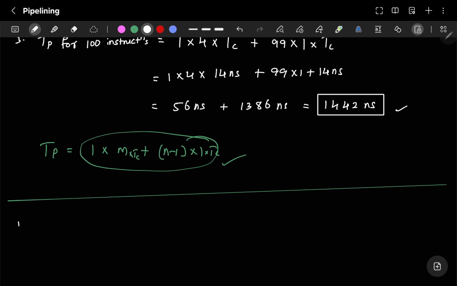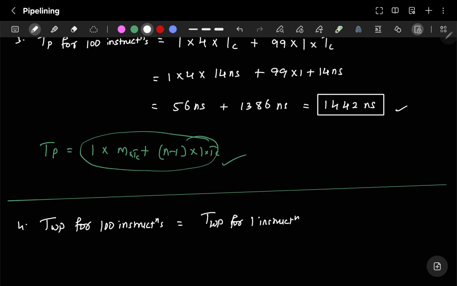So what I mean is, for example, the time taken without pipeline for 100 instructions. See, there are 100 instructions, right? So for one instruction, what is the time taken?